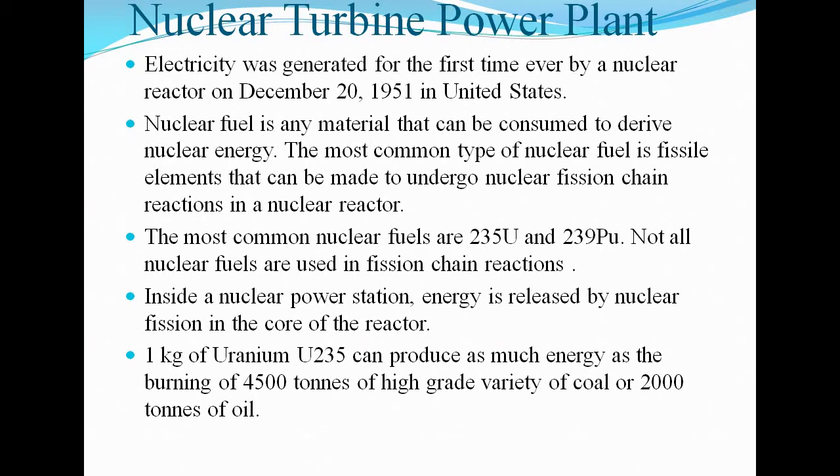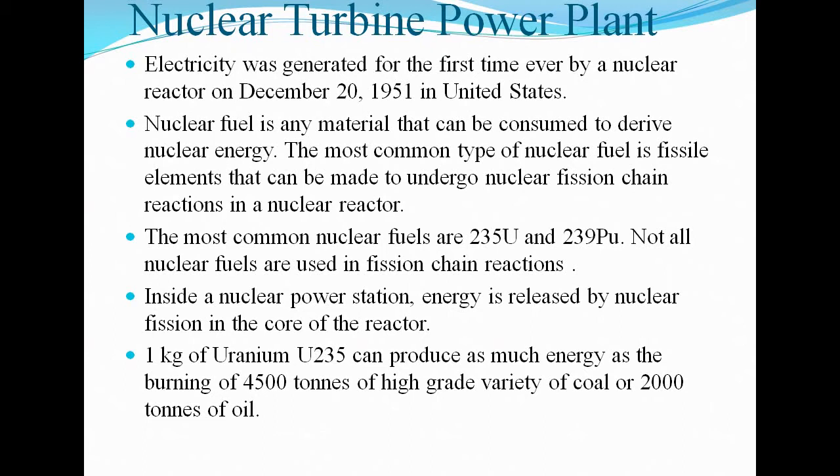The most common type of nuclear fuel is a fissile element that can be made to undergo nuclear fission chain reaction in a nuclear reactor. The most common nuclear fuels are uranium 235 and plutonium 239.